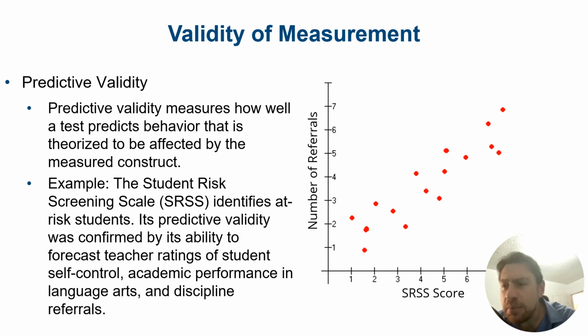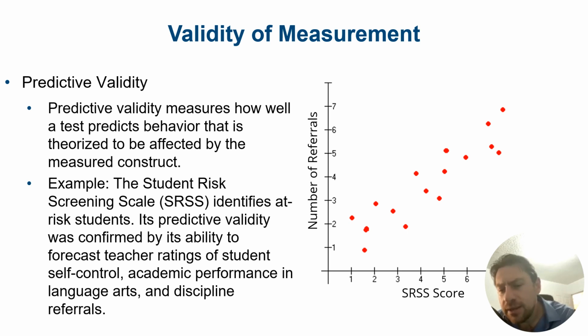So here's an example. There's something called the Student Risk Screening Scale, the SRSS, and the goal of this scale is to identify high-risk youth. So students who are at risk for various kinds of behavioral problems.